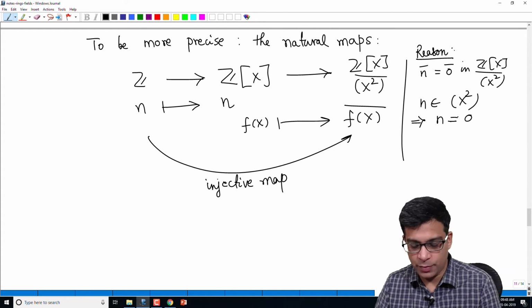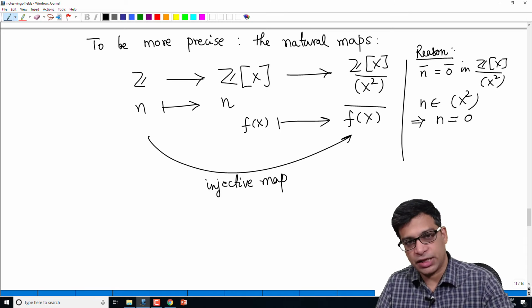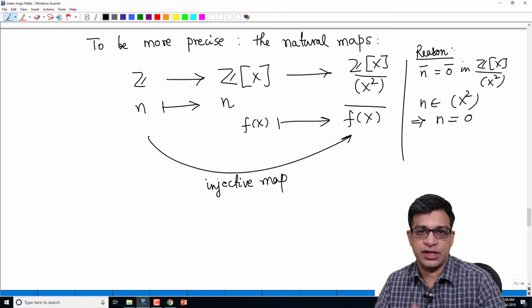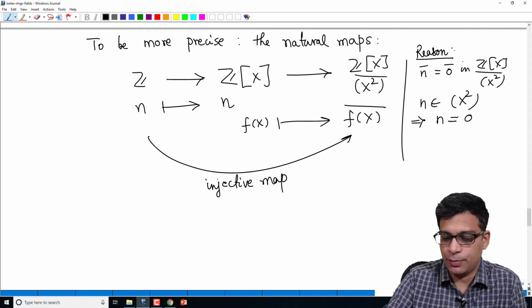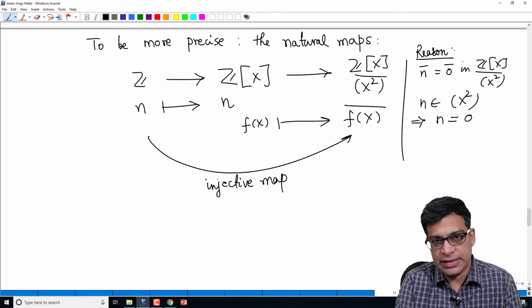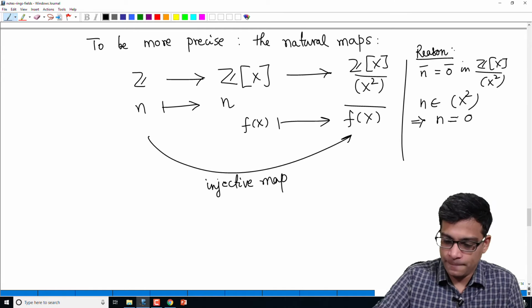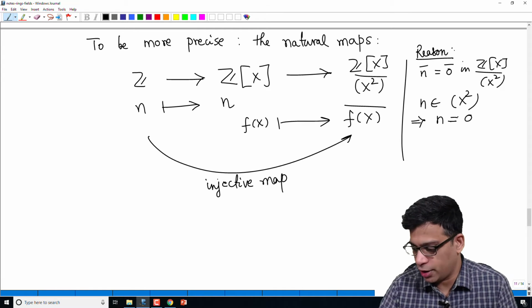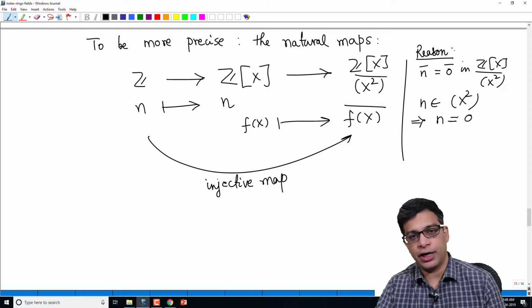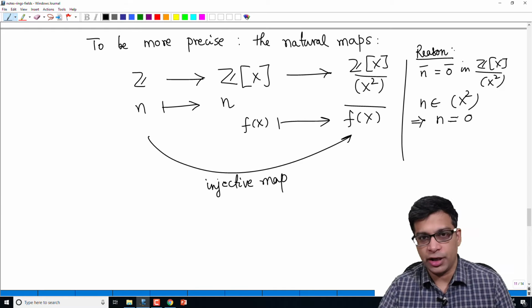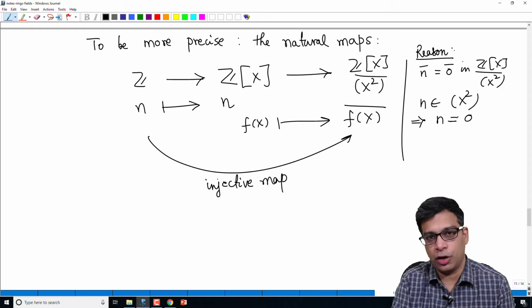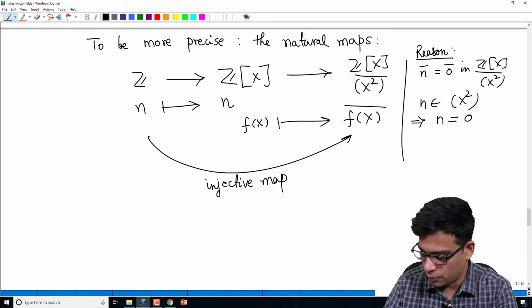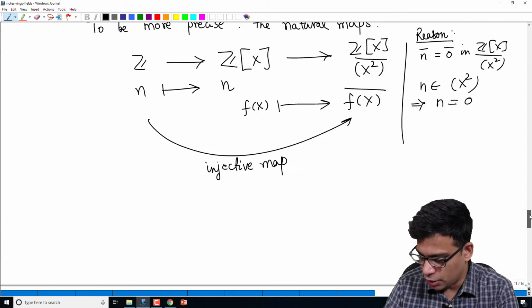So the kernel is 0, which means it's an injective map. Once it's injective, Z is isomorphic to its image by the first isomorphism theorem, so you can think of Z as a subring of Z[x] mod (x squared). Z is an integral domain, but Z[x] mod (x squared) is not. So subrings of integral domains are integral domains, but a bigger ring containing an integral domain is not necessarily an integral domain. So these are some examples of integral domains.